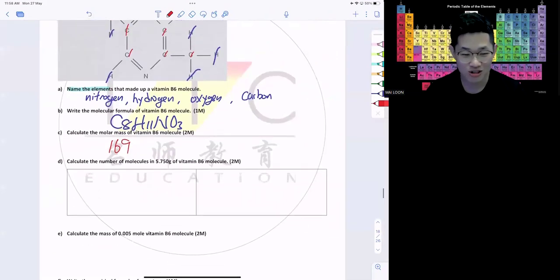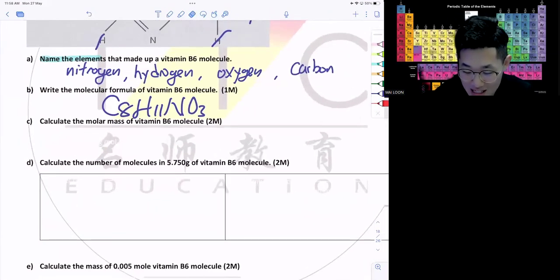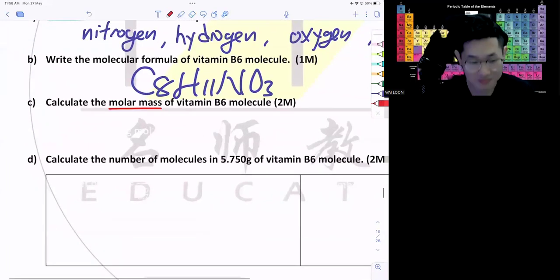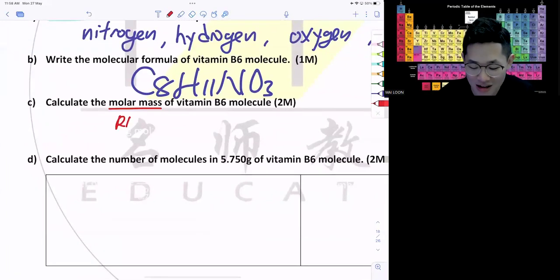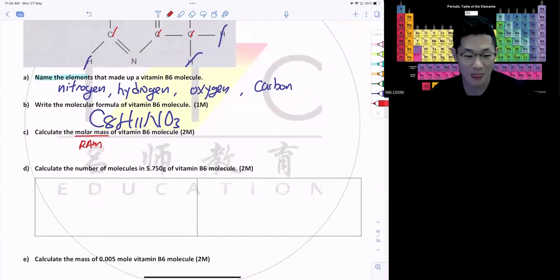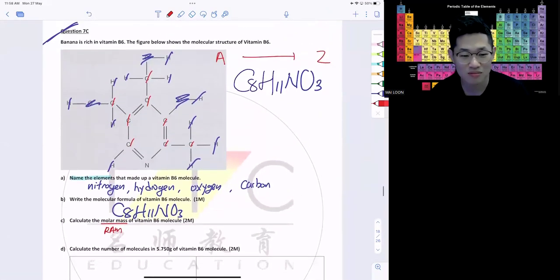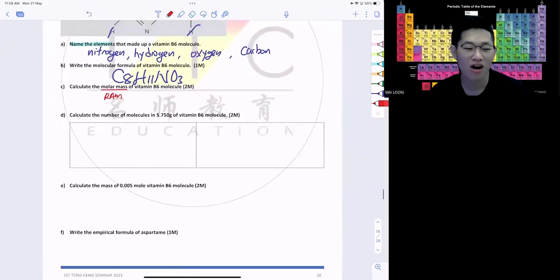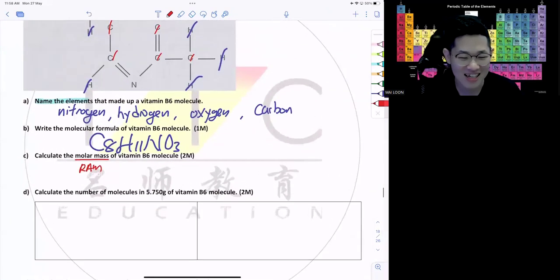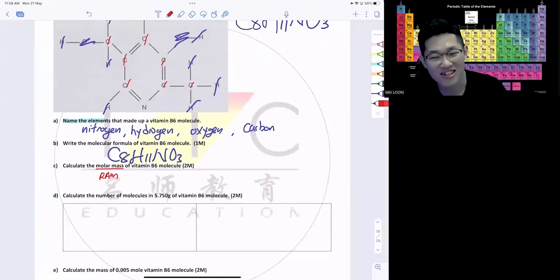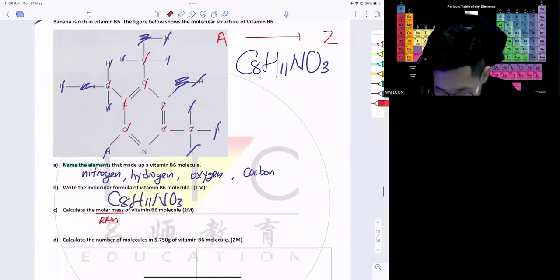Do you know how to do? The molar mass, remember or not? Molar mass is like the relative atomic mass. Oh, I know why already. Sorry, I forgot to give you the relative atomic mass, guys.